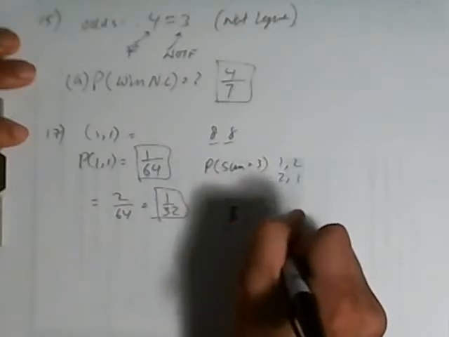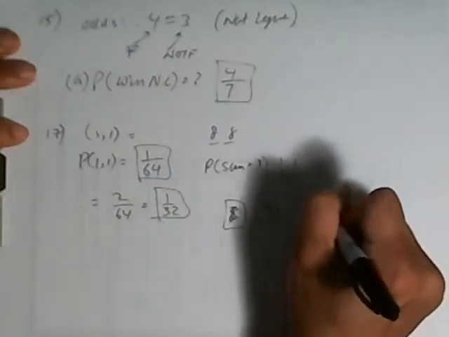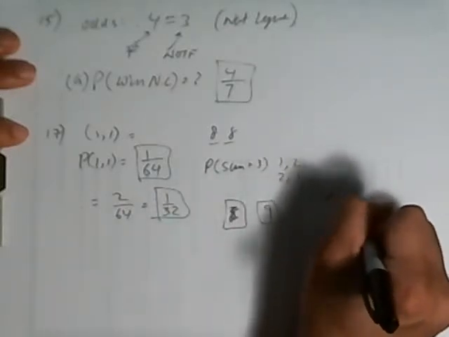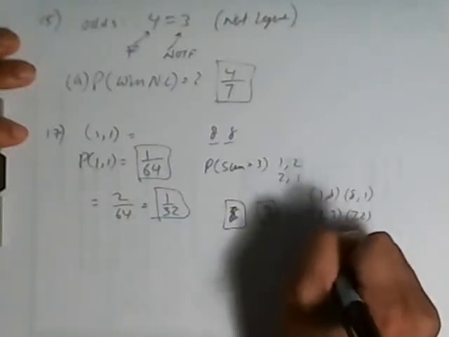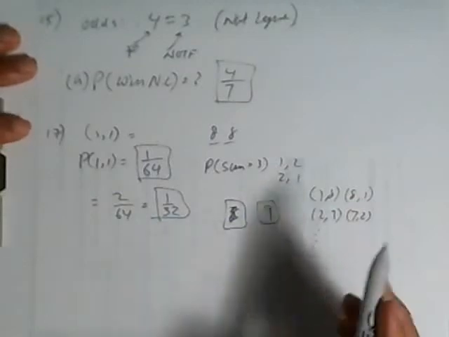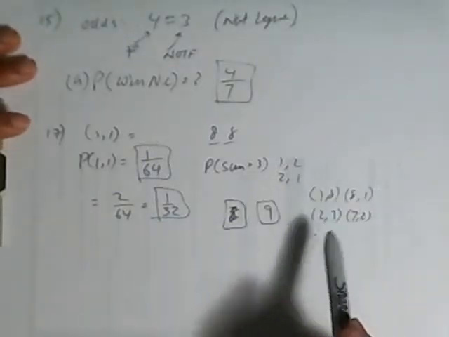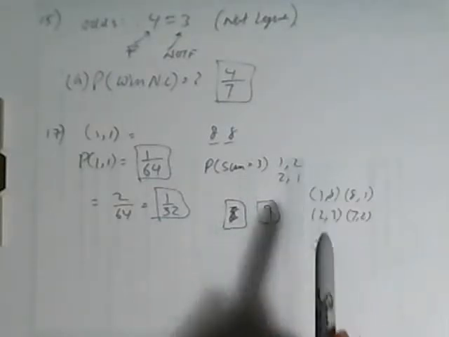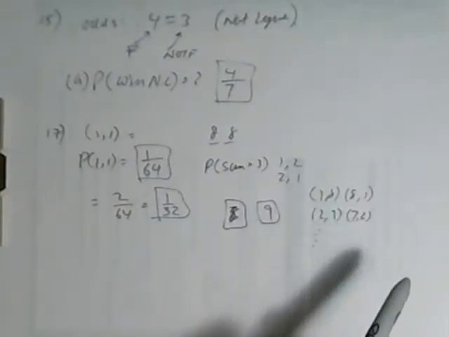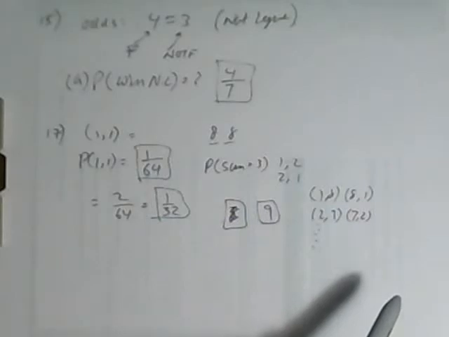I'm sorry, not 8, 9. Because you can have 1 comma 8, 8 comma 1, 2 comma 7, 7 comma 2, and so on. And you can figure out how many there are. I believe there are 9, but I'm not quite sure. Or 8, I'm not quite sure. Yes, there are 8. I remember the question now. Okay, I'll let you do number 19 by yourself.